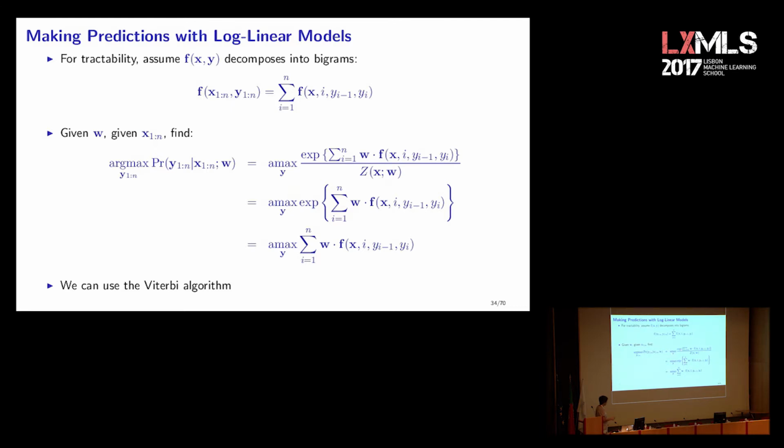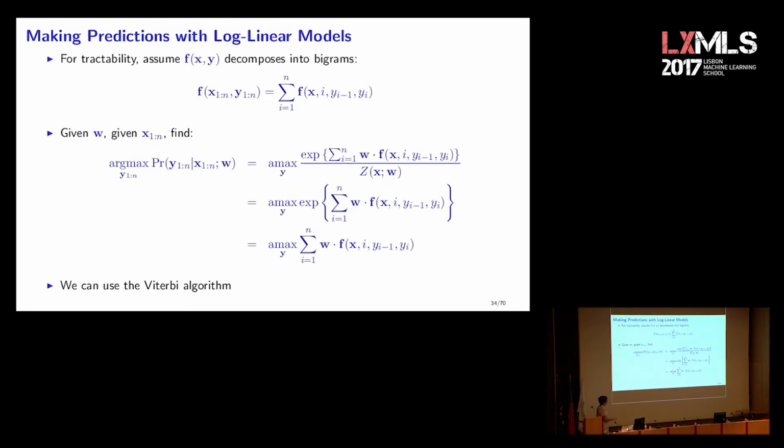I look for the argmax over y. I can substitute the expression for this. And now we said that this is a constant, so for any y, this is going to be the same value. Because I'm looking for the maximizing y, and I'm not necessarily interested in the probability but in which is the best one, I don't need to compute this.